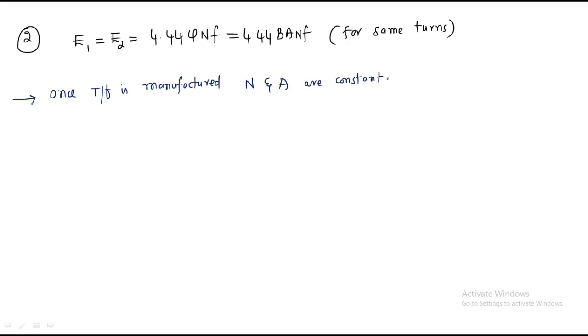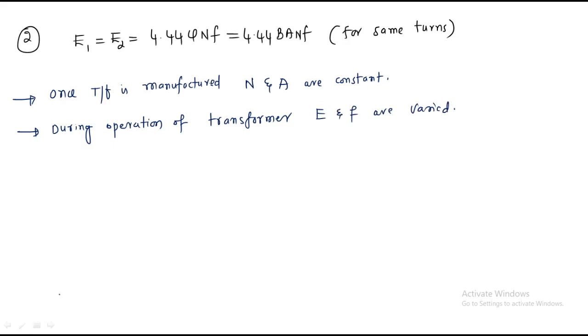but during operation of the transformer, EMF and frequency are varied. This is very most important. Before the manufacturing, you can vary the number of turns and area, but once the transformer is manufactured, the number of turns and area of the transformer are constant. Only during operation, the induced EMF and frequency are variable.